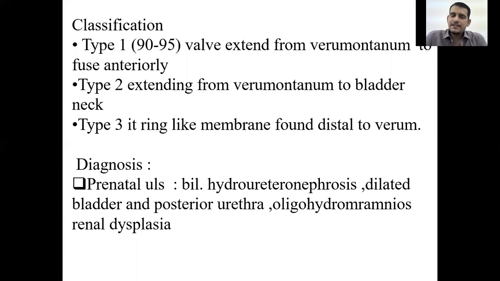Type 2 extends from the verumontanum posteriorly to the bladder neck, like a curtain hanging down. And the third one is a ring-like membrane found distal to the verumontanum.